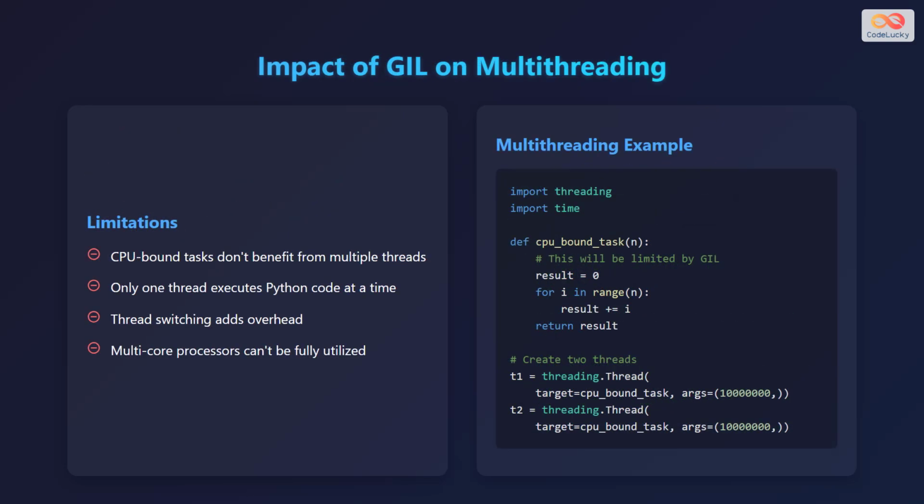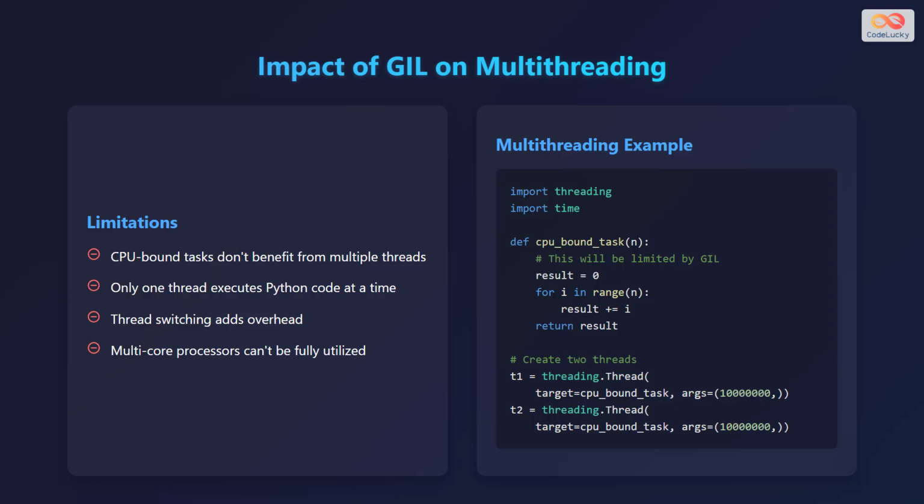The GIL significantly impacts multi-threading in Python. Specifically for CPU-bound tasks, where the code spends more time performing computations than waiting for external operations, multi-threading doesn't provide the performance benefits you might expect. Since only one thread can execute Python code at a time, the other threads end up waiting for their turn, which limits parallelism.